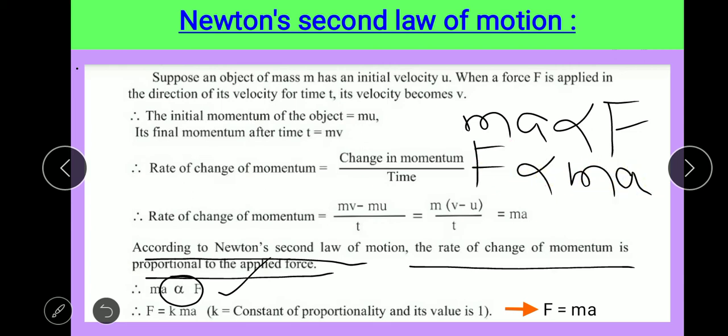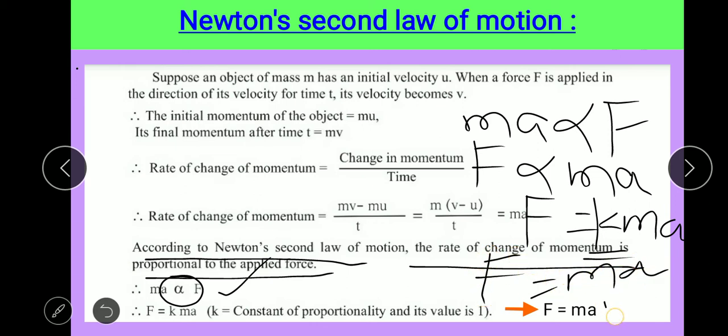Now to remove this proportionality sign, I'll introduce a proportionality constant, and I can write F is equal to K m a, where K is the proportionality constant. K is chosen in such a way that K value is 1, and our formula becomes F is equal to ma.